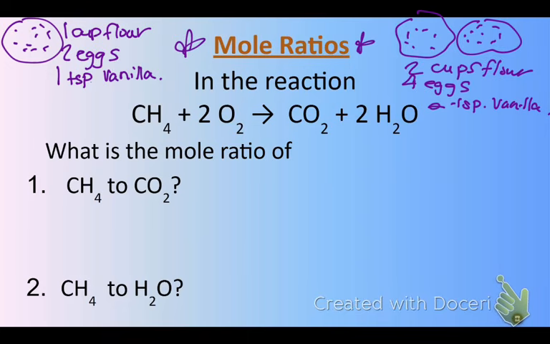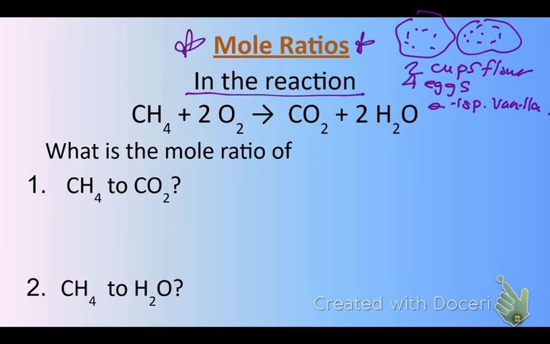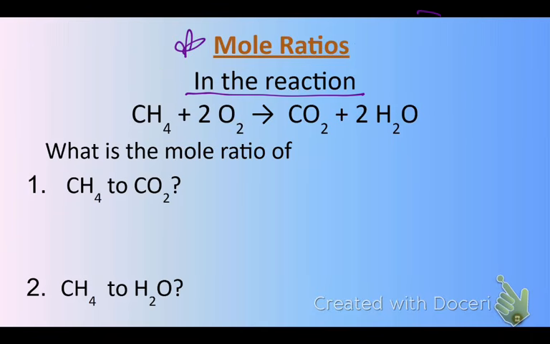So in these reactions, the coefficients are acting as our recipe. For example, in this one, I have methane plus oxygen yields carbon dioxide and water. The coefficients are telling me that for every 1 methane, I need 2 moles of oxygen, and as a result, I will produce 1 mole of carbon dioxide and 2 moles of water.